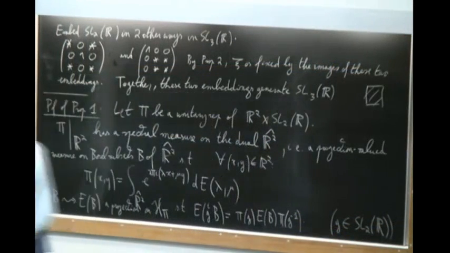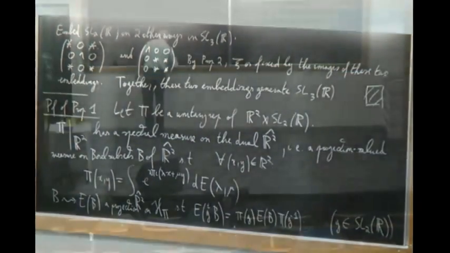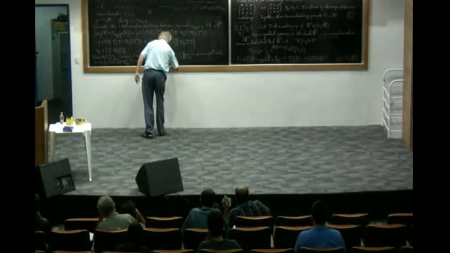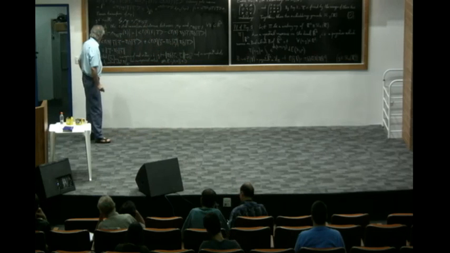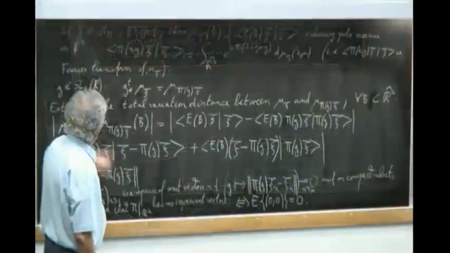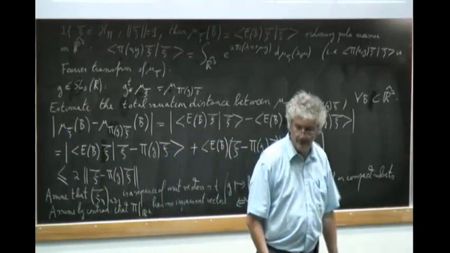So here my assumption translates into E of, let's say, the singleton 0, 0, this is 0. So I consider this sequence of probability measures, mu sub psi n.